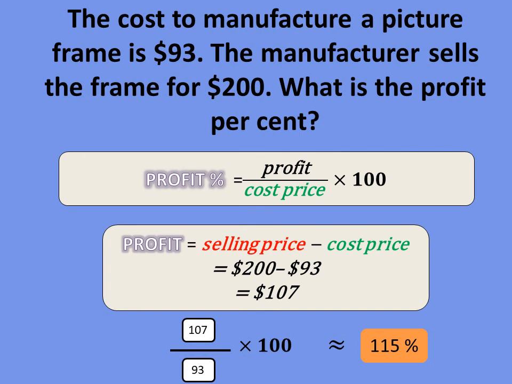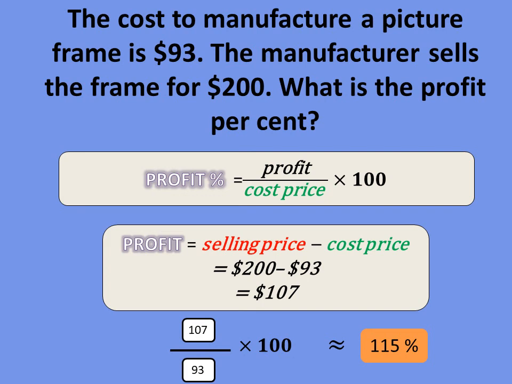You're going to get a decimal, but I just rounded it off to the nearest percent. So it is 115%. Wow, this manufacturer made a lot of money. He made over 100% more. He more than doubled the amount that he paid to manufacture the picture frame. All right, and this is simply how we calculate profit and loss percentage.